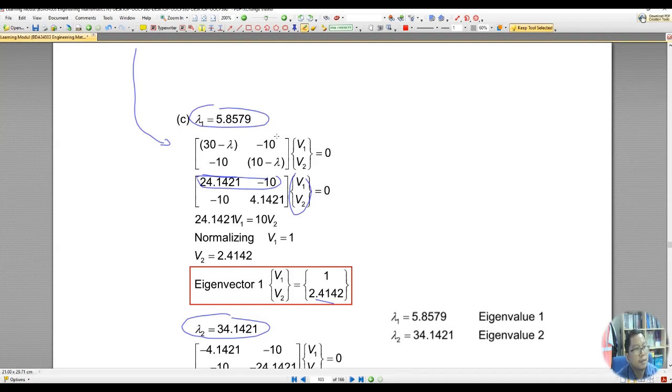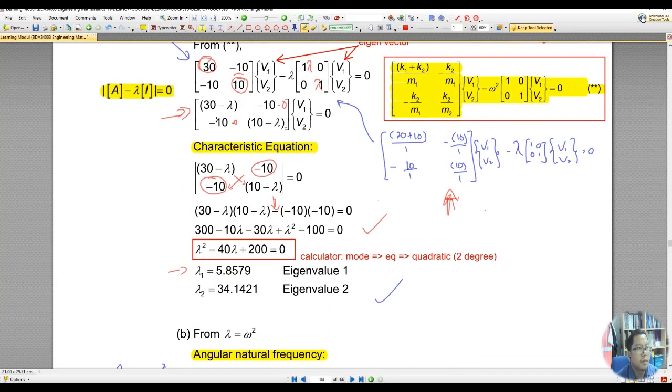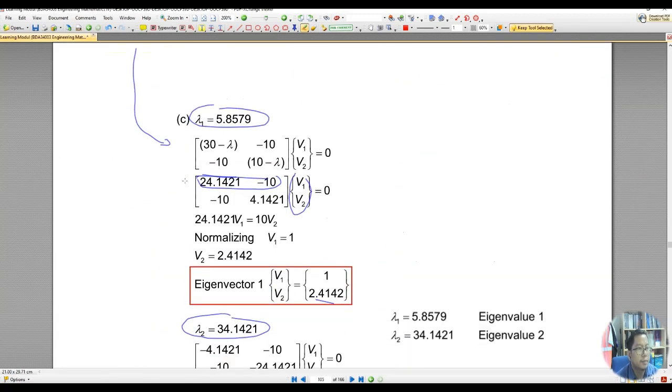So again, from the characteristic equation, the matrix form, we already know the eigenvalue, so we just replace or substitute the eigenvalue like this one.